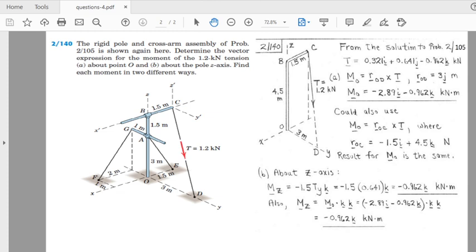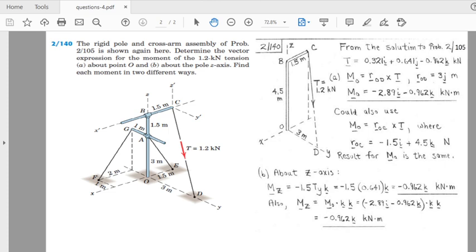The force vector we have already written in problem 2/105, which was equal to 0.321 i plus 0.641 j minus 0.962 k, so many kilonewtons. This is the vector for this tensile force in this cable CD.